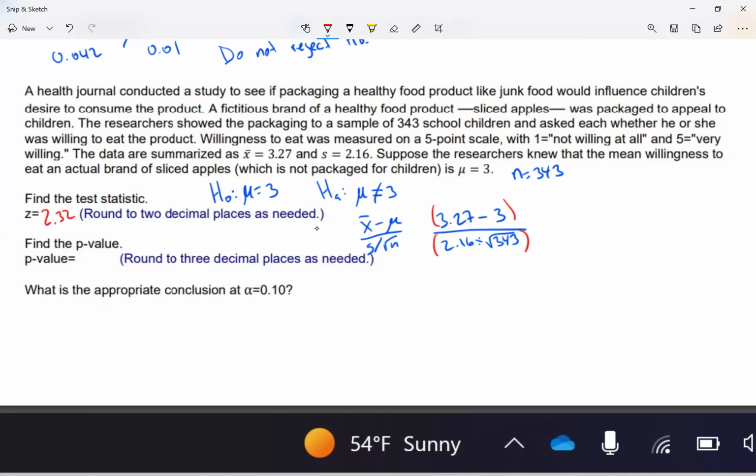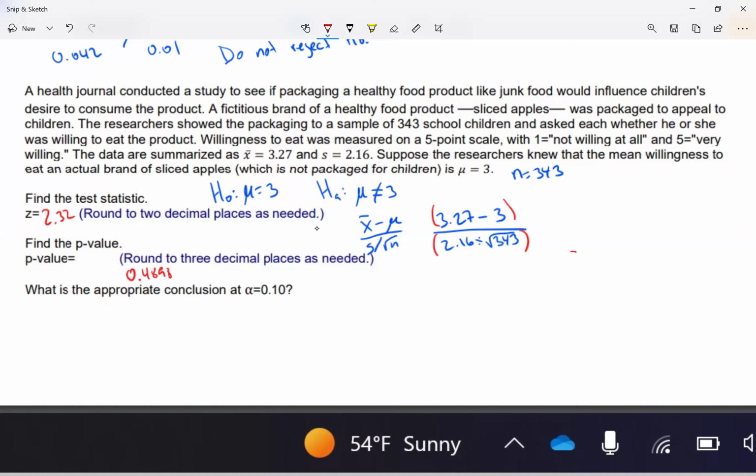Okay, so I look at my table for 2.32. We know how to read the table. It gives me 0.4898.